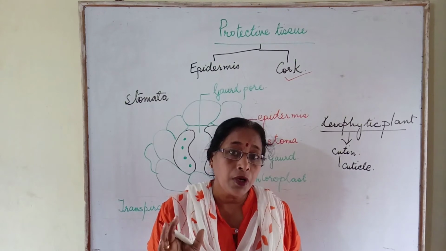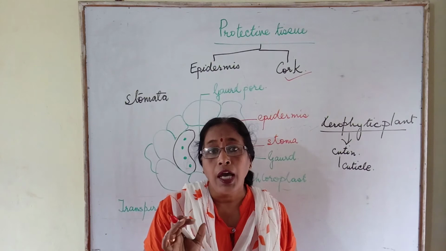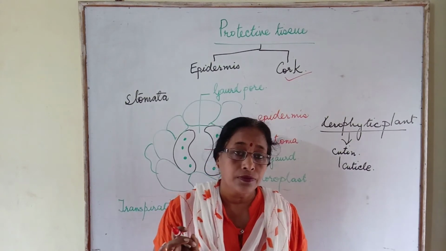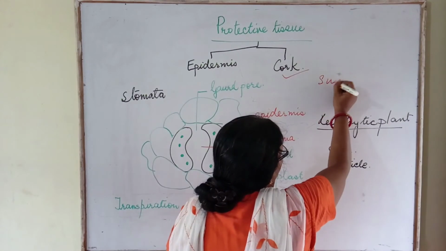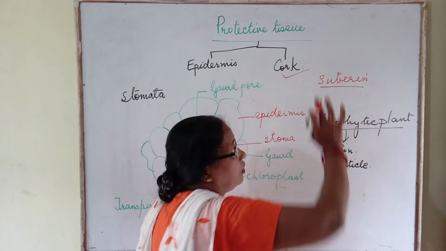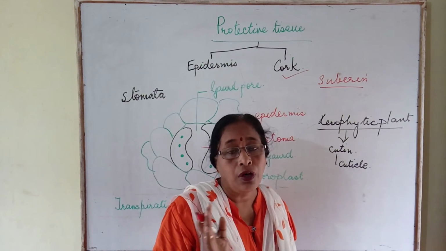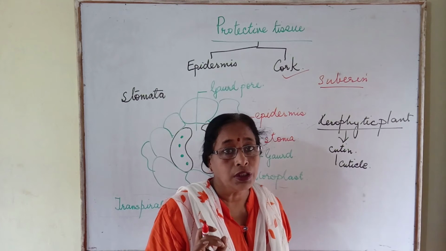They have a deposition of tannin, resins and a chemical compound known as suberin. The deposition of suberin makes the outer portion of the cork cells impermeable to water.